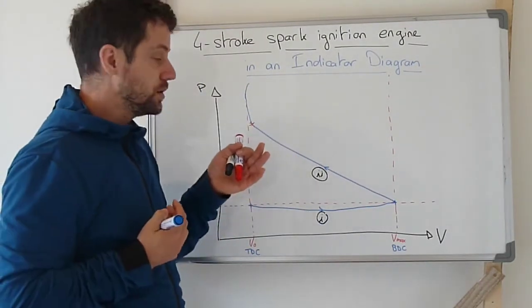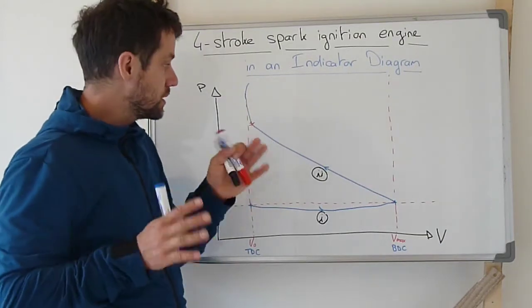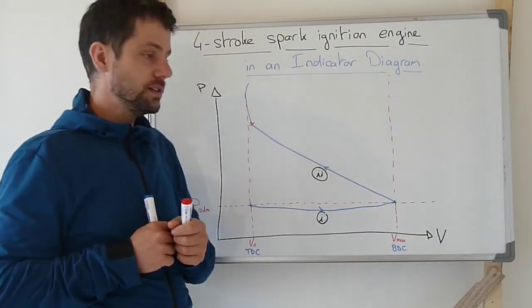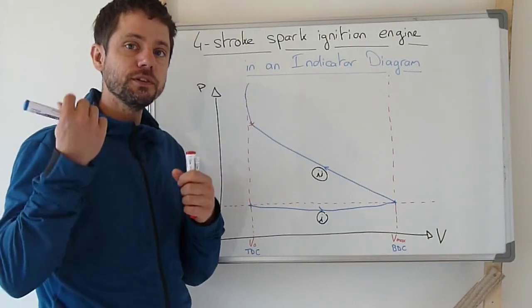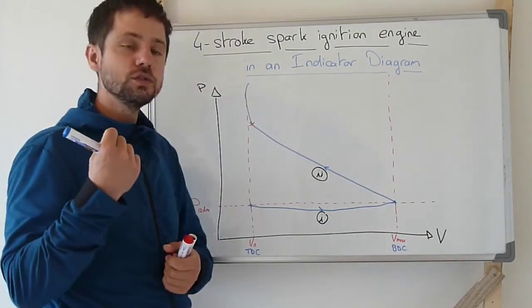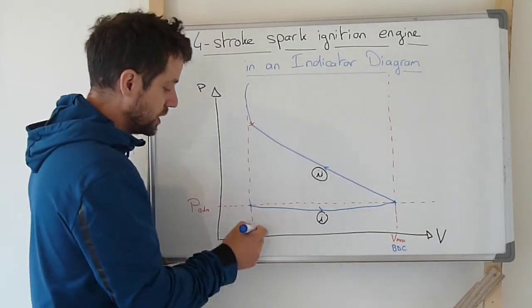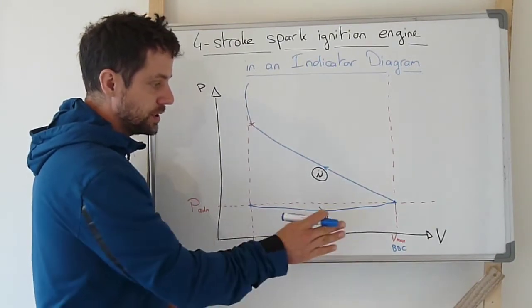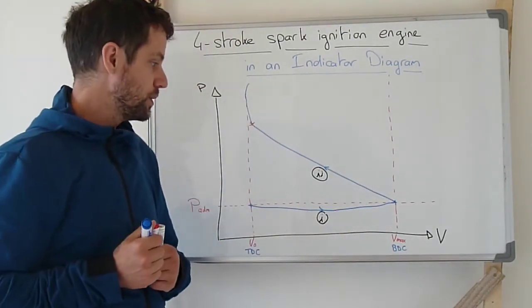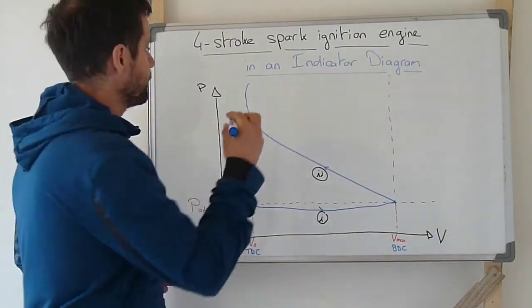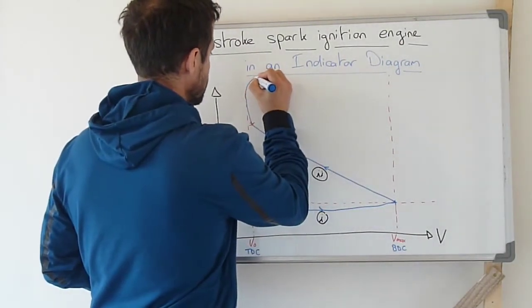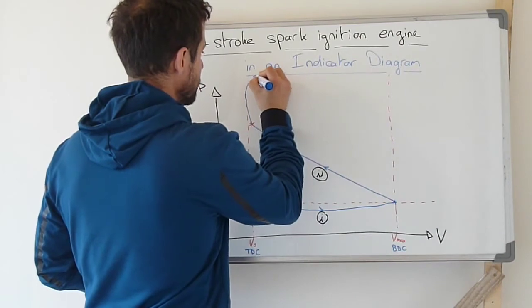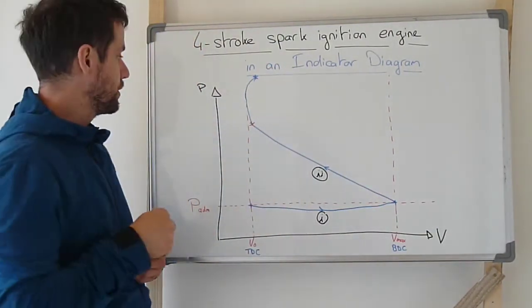It takes usually below 2 milliseconds, but this time is sufficient for the piston to move a little bit, so the piston will go down to top dead center and again a little bit towards the bottom dead center, and so the combustion is over somewhere over there.